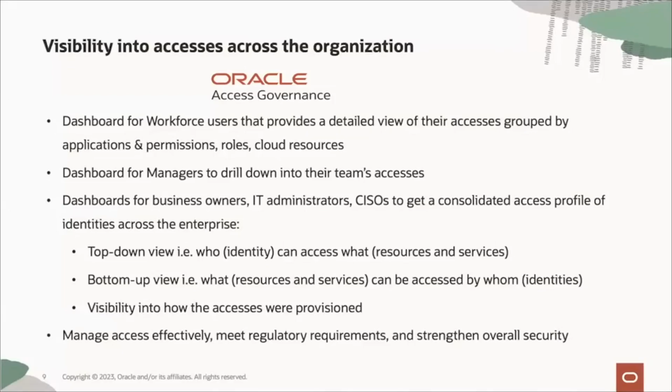But business owners, IT administrators, and CISOs need to see the entire organization, both top down, where they begin with users and see what accesses they have, and bottom up, where they begin with a resource. It could be a compute resource or an Active Directory group, and they can see who has access to that resource and how the access was granted. This ensures that there is visibility.